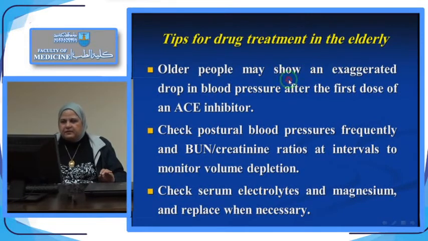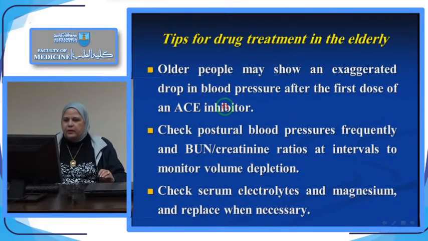Tips for drug treatment in the elderly. These are the take-home messages of this lecture. Older people may show an exaggerated drop in blood pressure after the first dose of ACE inhibitor, what is termed first dose hypotension. Again, the rule here of start low and go slow is mandatory.